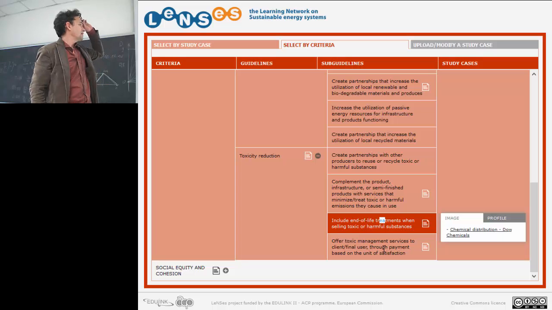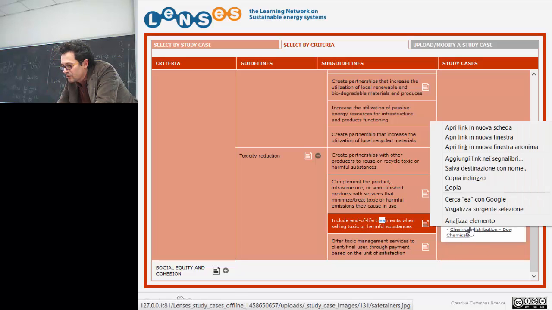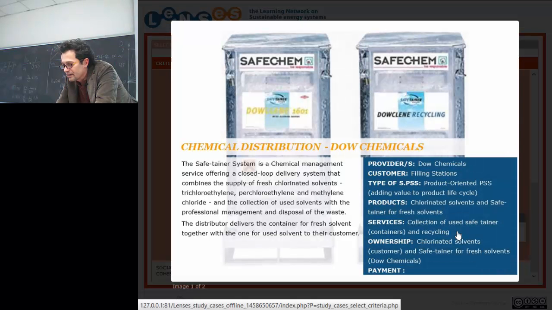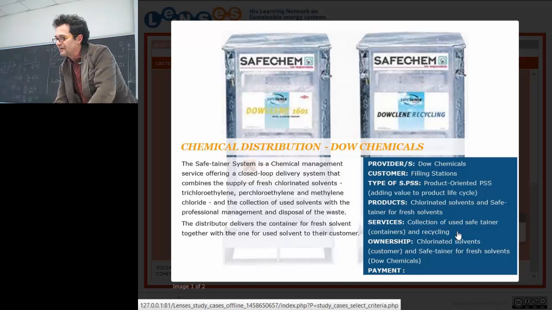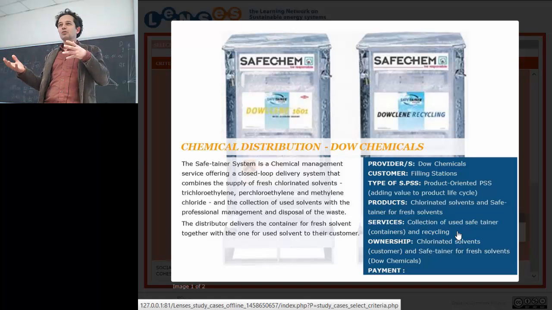And now, even this is an interesting case. Include end-of-life treatment when selling toxic substances. This is the case of one case in which Dow is selling quite toxic chemicals, and of course to some company, when this is sold, the company has a big problem of how to dispose of this.